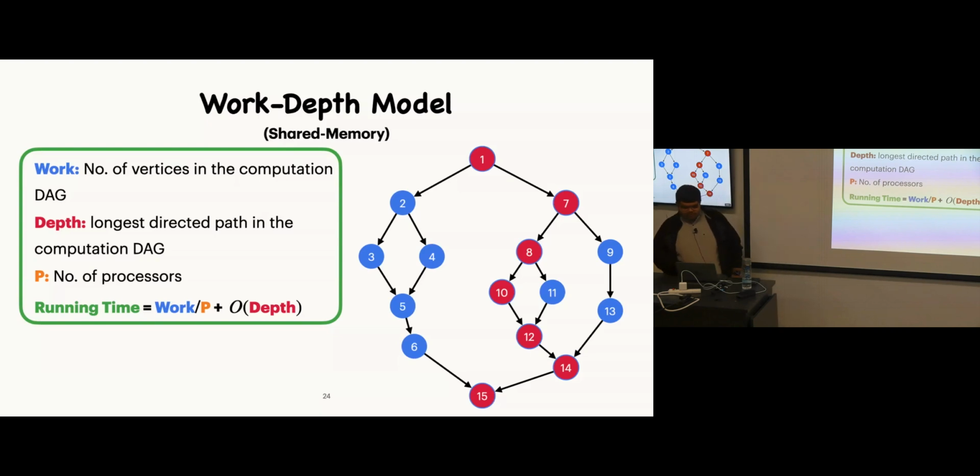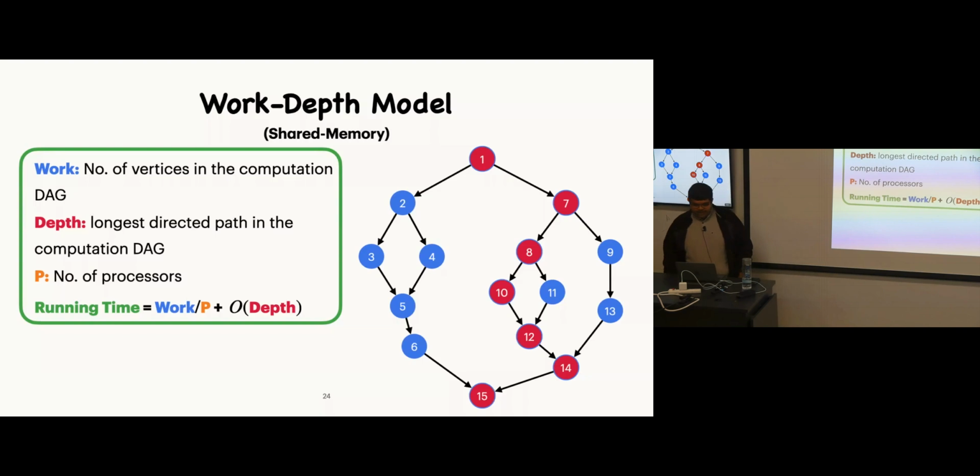We define the work of the algorithm to be the number of vertices in the computational DAG, right? So it's the overall number of operations performed by the algorithm. Another way to view it is if you have just a single processor and you're running the algorithm sequentially, that's the running time.